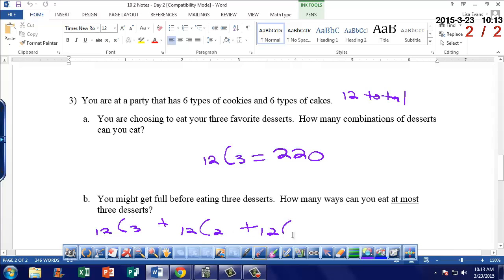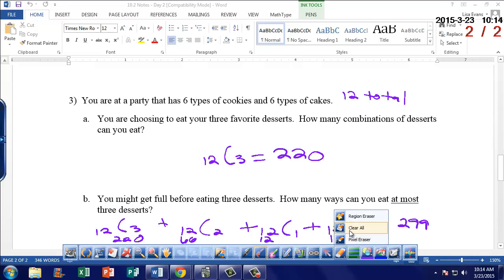Or I can choose to eat 1 dessert. Now in this case, does it make sense to have 0? Yeah, I can have 0 desserts. What if I'm too full from dinner? I can't eat any of those 12 desserts. So in this case, it is okay. 0 does work. So this would be 220. This would be 66. This would be 12. This would be 1. I add them all up and I get 299.